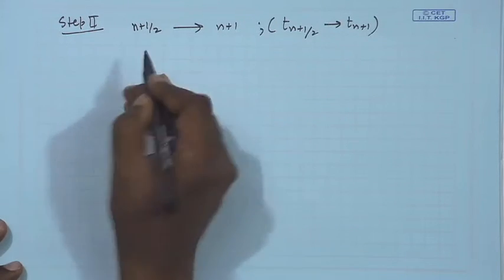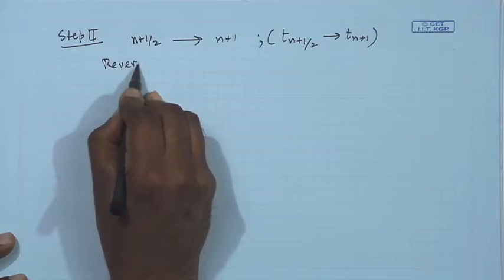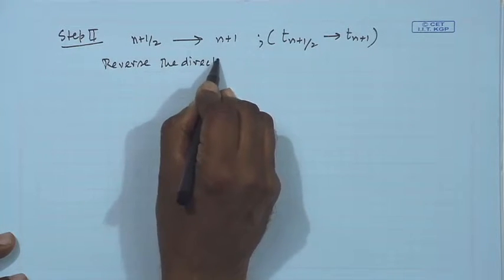So, that is why this is the alternating direction: reverse the direction of discretization.